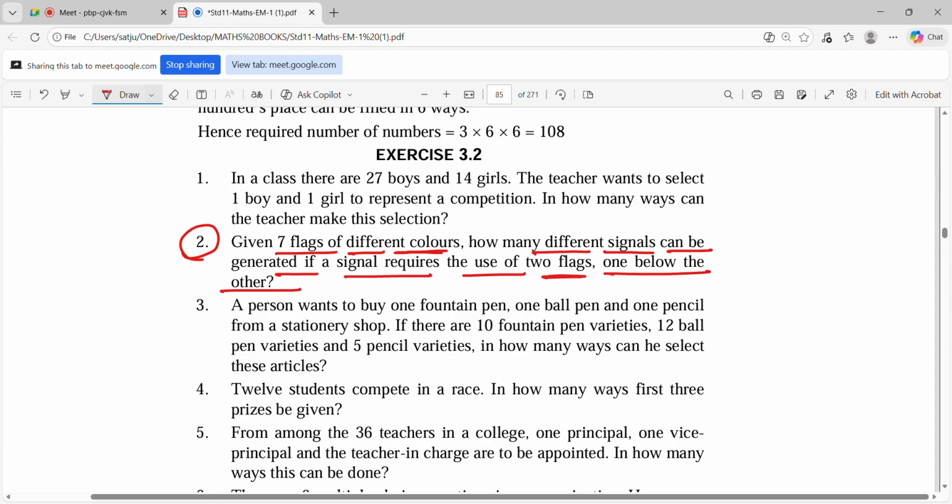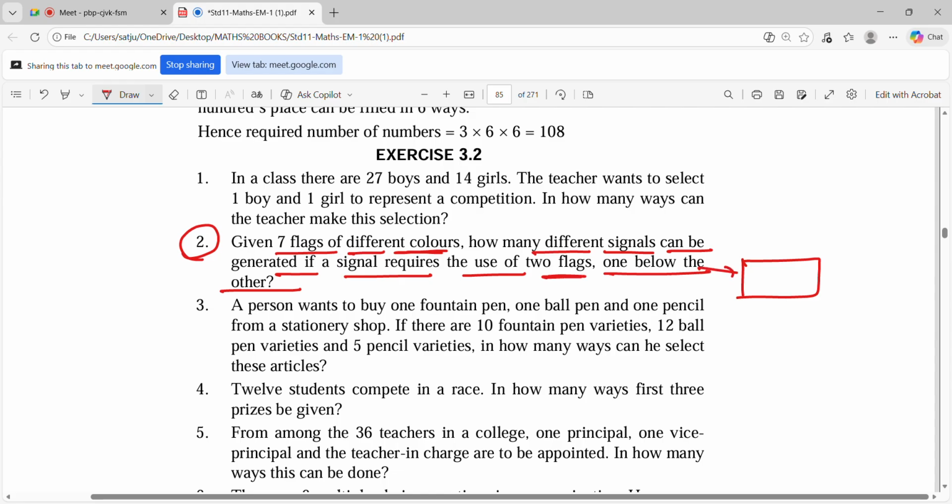Try. 7 different flags, different colors. 2 different, right?